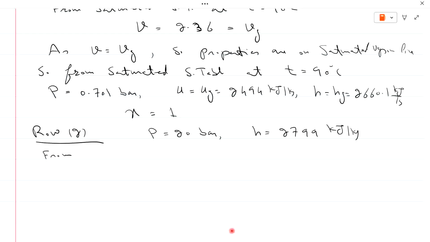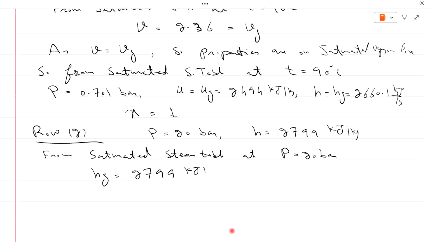From the saturated steam table, at pressure equal to 20 bar, Hg is equal to 2799 kilojoule per kg, as H is equal to Hg. So the properties are on the saturated vapor line.